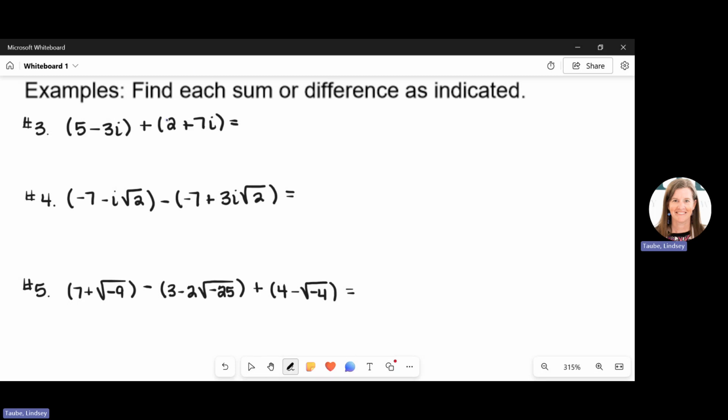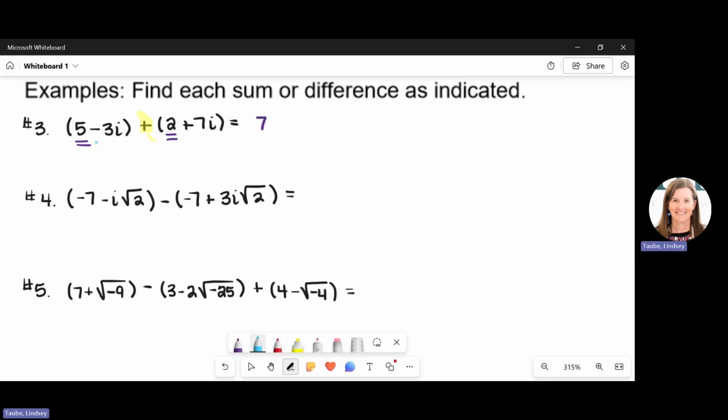So at number 3, we have the binomial or complex number 5 minus 3i plus the other complex number 2 plus 7i. Notice that we have the plus in between the two complex numbers, so what we're looking to do is simply combine like terms. We don't have to distribute anything through parentheses here. We combine the real parts, which would be 5 plus 2, or 7.